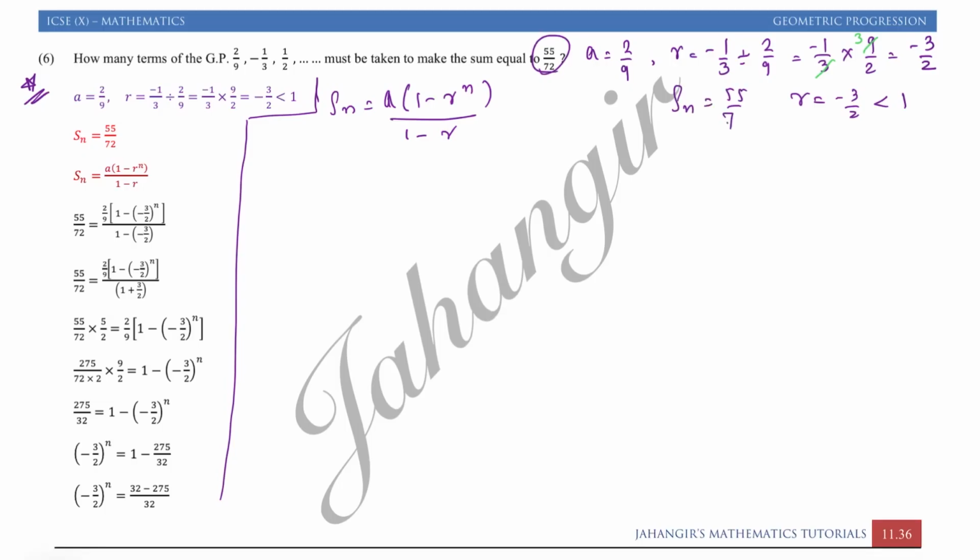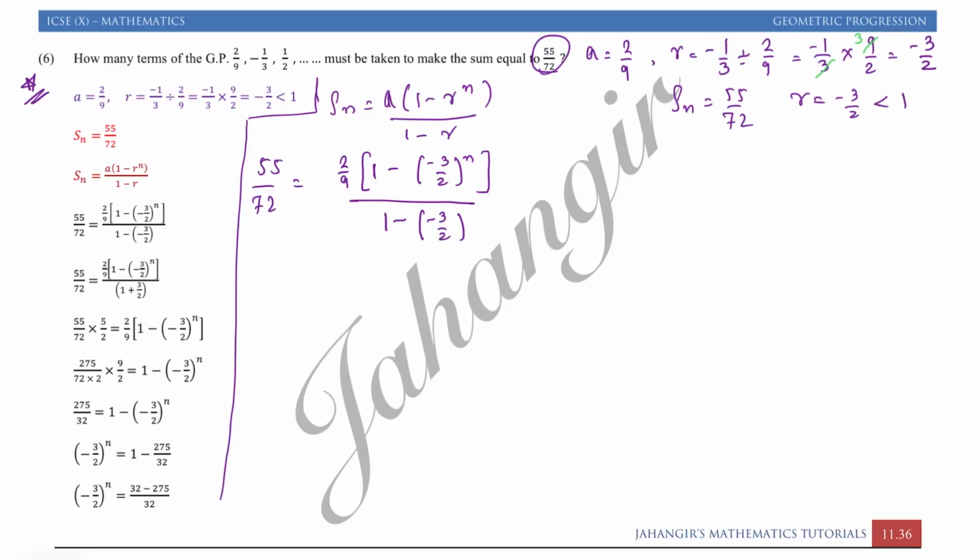So 55 upon 72, you have to do this very carefully because here you can make a sign mistake, because everywhere you have fractions. A is 2 by 9, 1 minus R, where R is minus 3 by 2, whole raised to n upon 1 minus of minus 3 by 2.